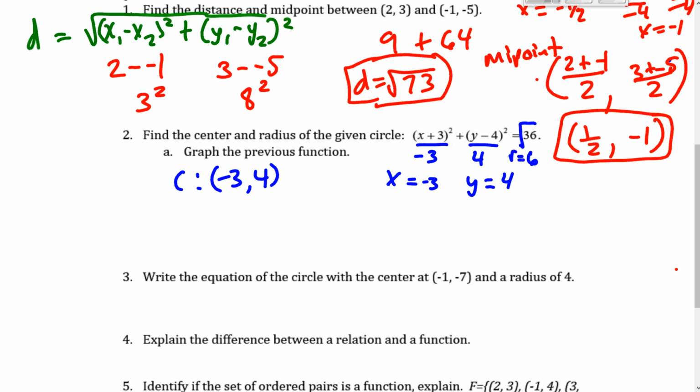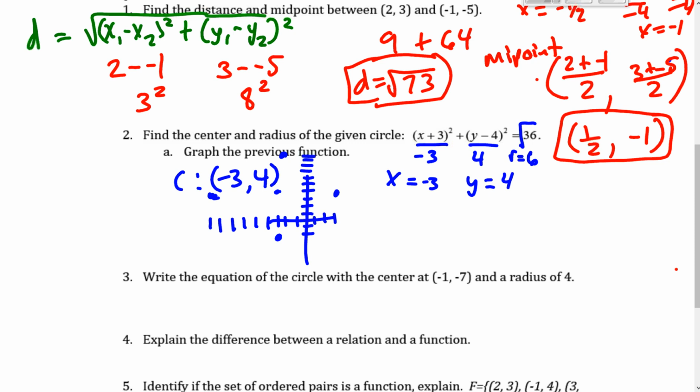So r equals 6. So I'm going to go to -3, 4, counting 1, 2, 3, 4 over and 1, 2, 3, 4 up. So -3, 4 right there. And then I'm going to go my radius of 6. So that means I'm going to go up 6, right 6, left 6, and down 6, counting each one.